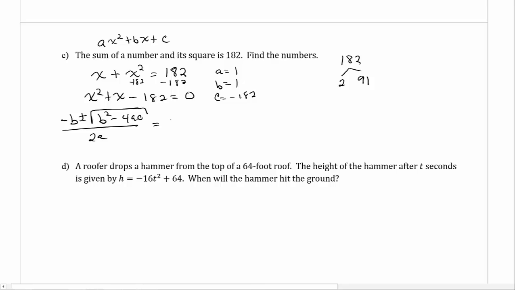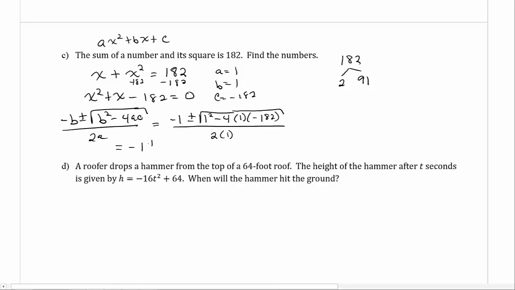So we will have negative 1 plus or minus the square root of 1 squared minus 4 times a, which is 1, and then times c, which is negative 182. And then this is divided by 2 times a, and a is equal to 1.